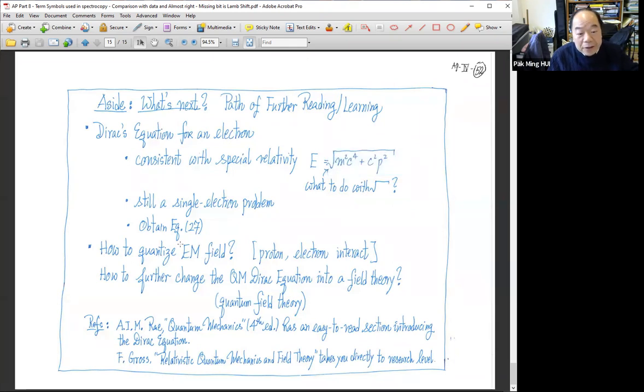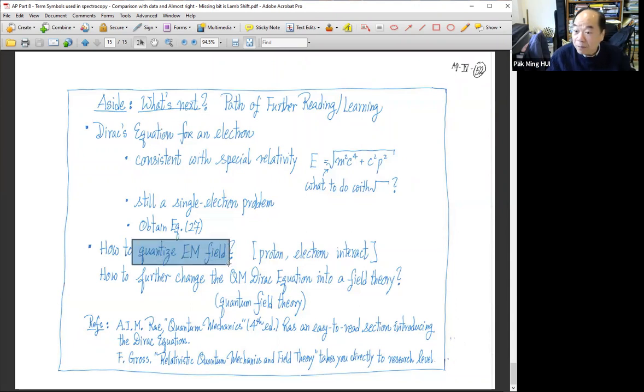And then the next thing that, well, this is for those who are highly motivated and want to go beyond undergrad quantum mechanics, okay? You need not do that at the undergrad level. You better understand completely what can be done within undergrad quantum mechanics. The next thing may be how to quantize an electromagnetic field.